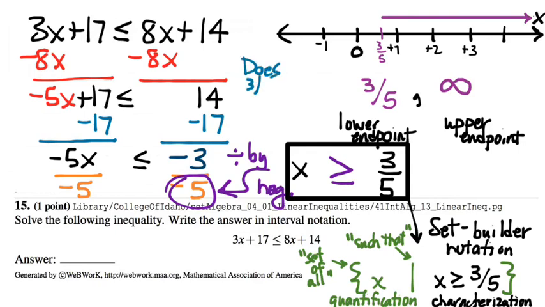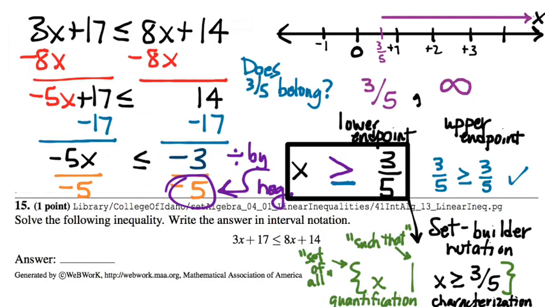Because of the equal. Greater than or equal to affirms the possibility that 3/5 itself does belong to the solution set. If we plug in x equals 3/5, this inequality, 3/5 greater than or equal to 3/5, is satisfied. It is true that 3/5 is greater than or equal to 3/5.